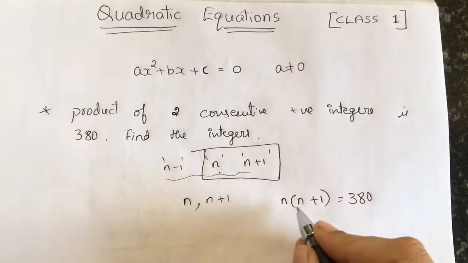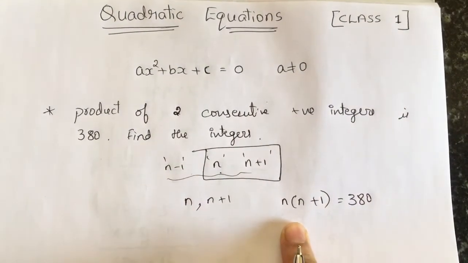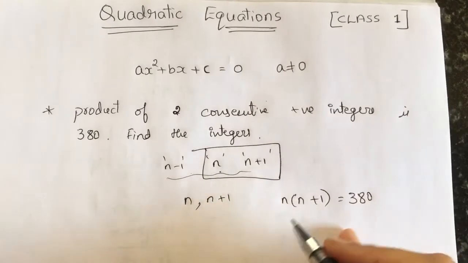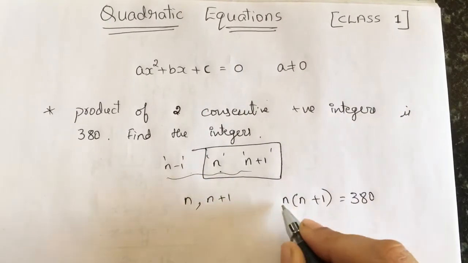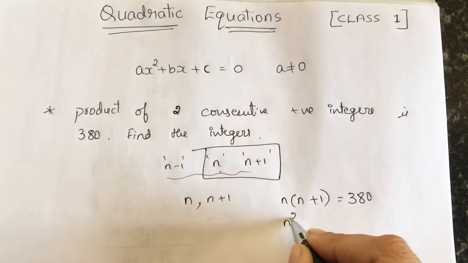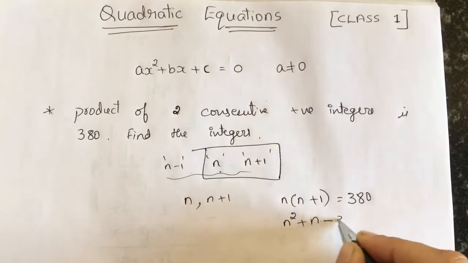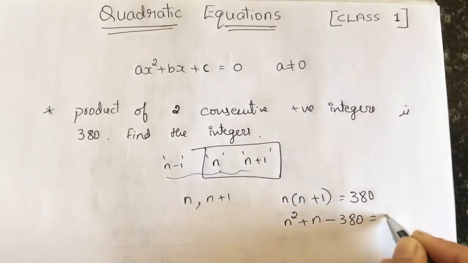So I have to calculate what is n, and then I'll get the value of n plus 1 also. I'll simplify this: n square plus n minus 380 equal to 0.